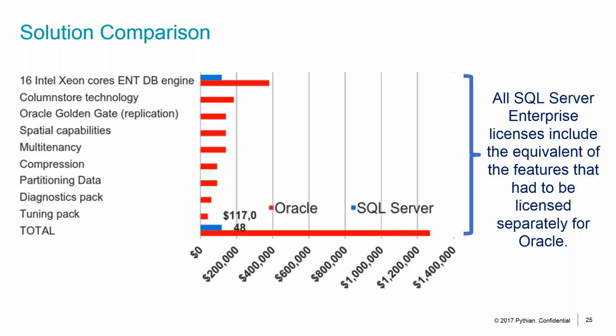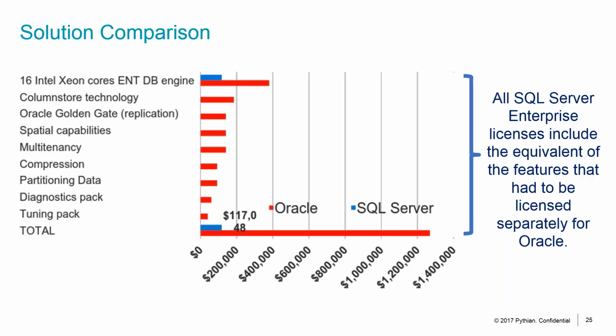They were interested in the multitenant feature to be able to move around some databases. They were interested in compression and partitioning. They felt confident that they would be better off if they could have the diagnostics and tuning tools.